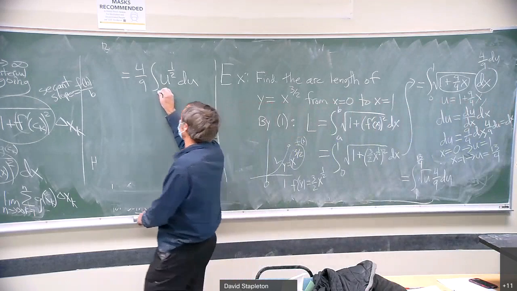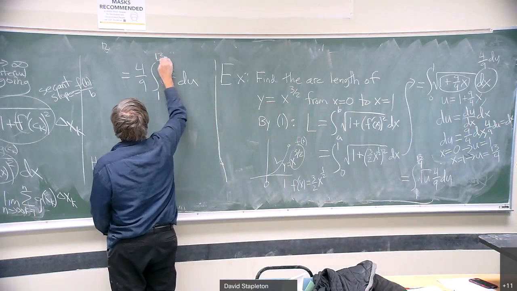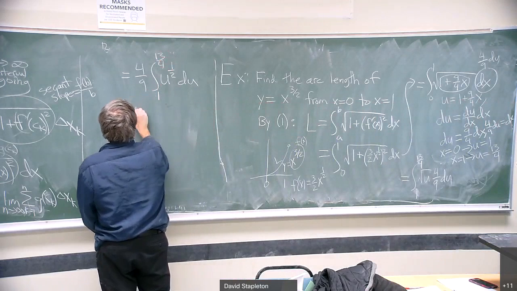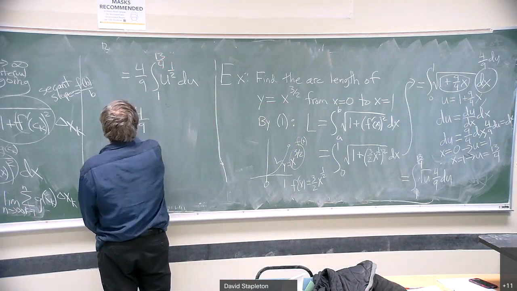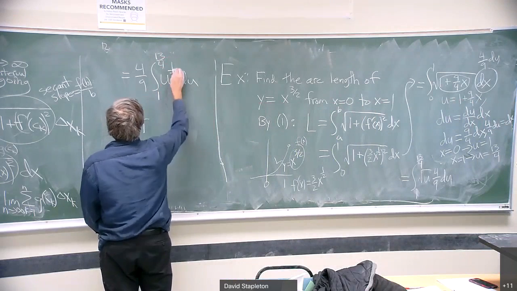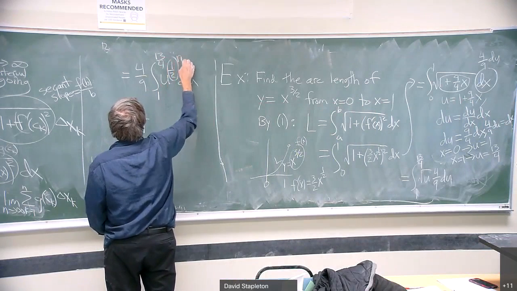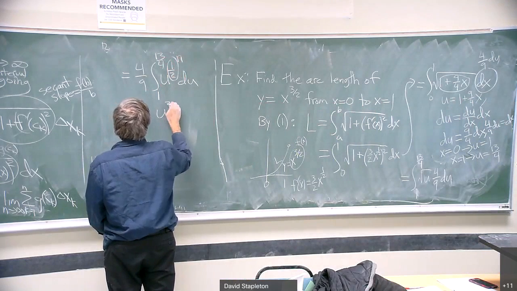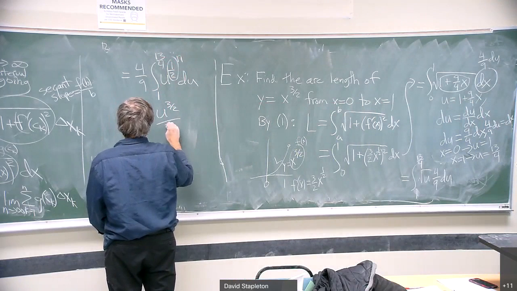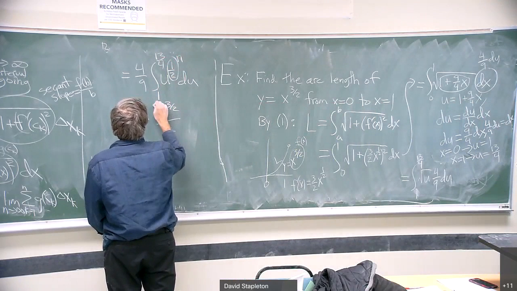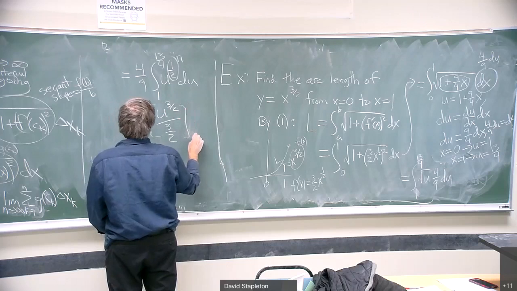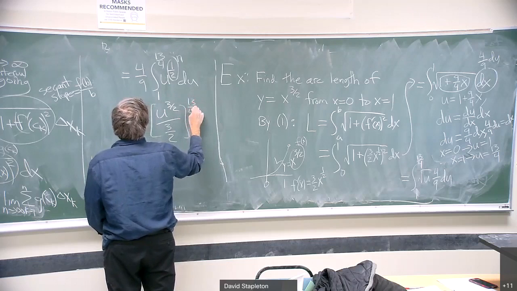This integral goes from u equals 1 to u equals 13/4. And I've got 4/9 times the integral of u to the 1/2, right? u to the n has the integral u to the n plus 1 over n plus 1, so u to the 3/2 over 3/2. Plug in 13/4 and 1 and take the difference.